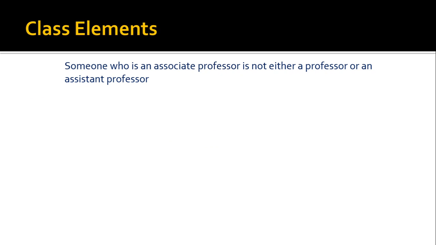Now, how do we represent the fact that someone who is an associate professor is neither a professor nor an assistant professor? That means we are defining associate professor to be disjoint with professor, as well as disjoint with assistant professor, right? So these three classes are mutually disjoint with each other.